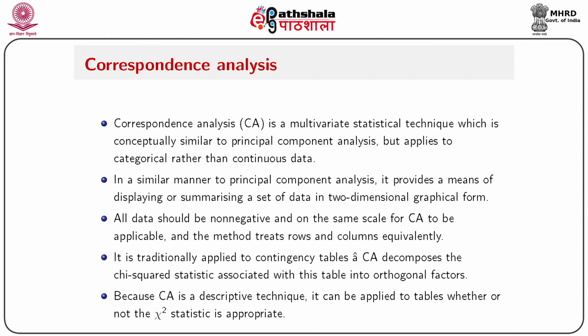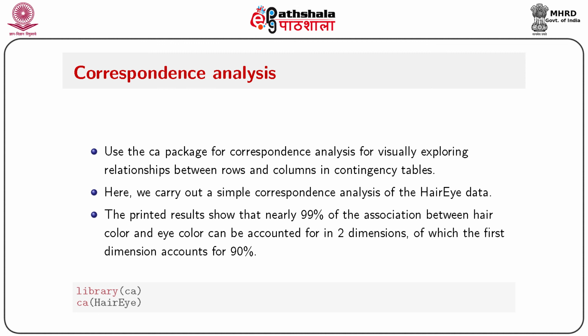CA decomposes the chi-square statistic associated with this table into orthogonal factors. Because CA is a descriptive technique, it can be applied to a table whether or not the chi-square statistic is appropriate. So use the ca package for correspondence analysis for visually exploring the relationship between rows and columns in a contingency table.